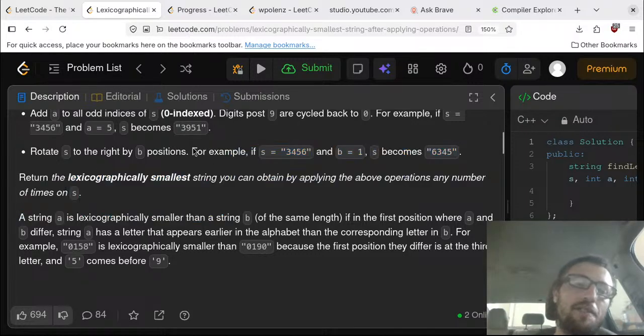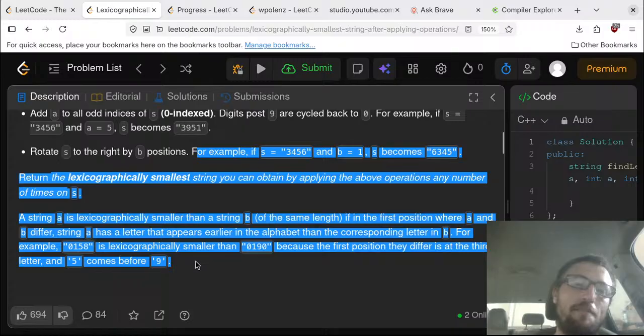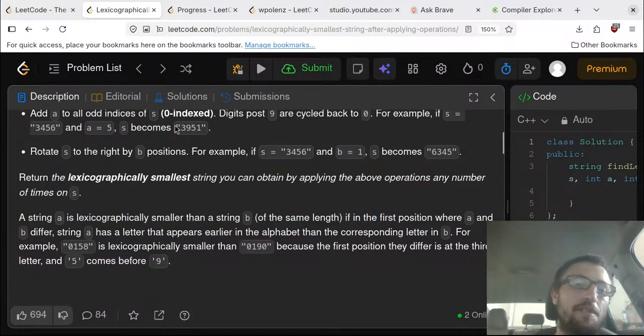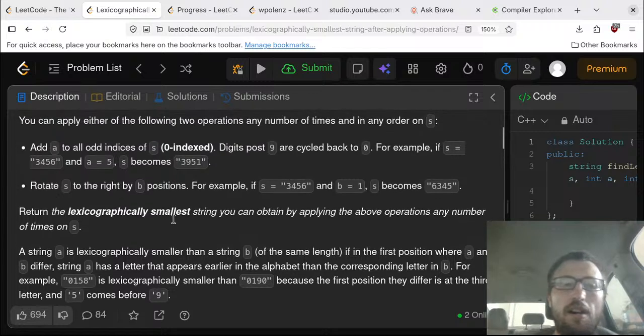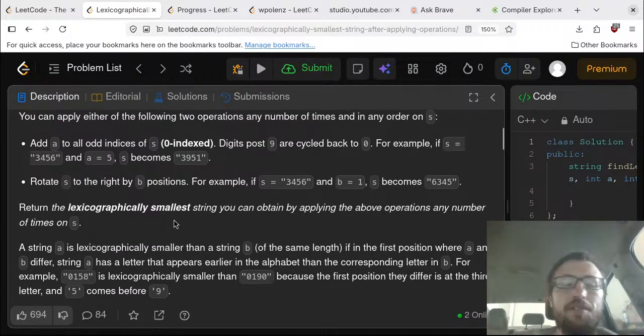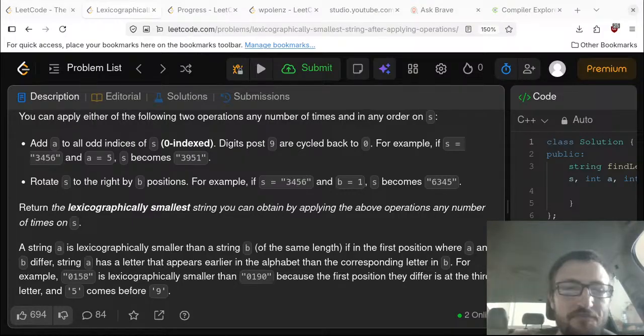I think I could use a greedy algorithm for this. I was going to use a different kind of algorithm, but I think a greedy algorithm works fine. I had a really hard time thinking about this question the first time I saw it. I don't know why. I really struggled for some reason. So let's see.